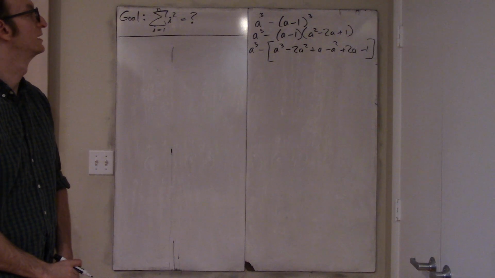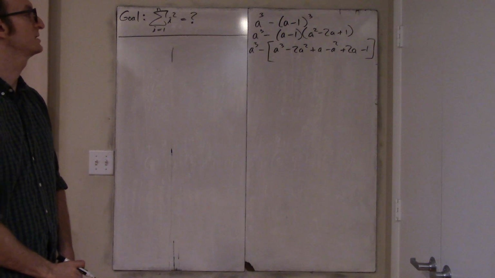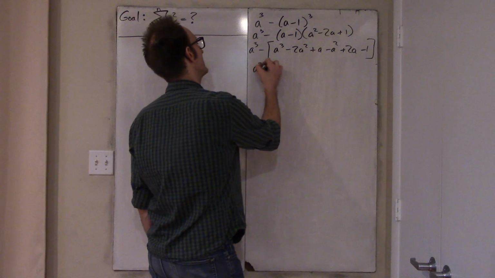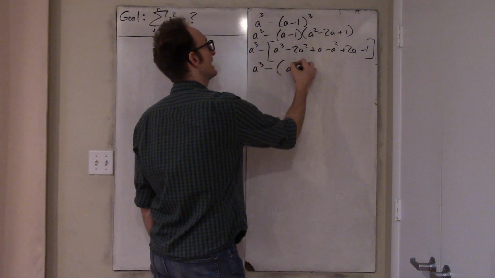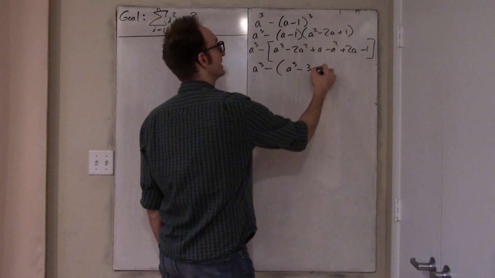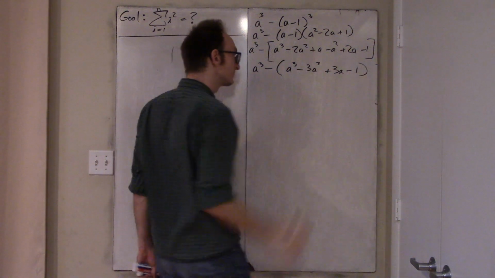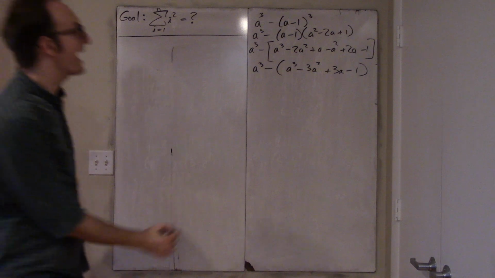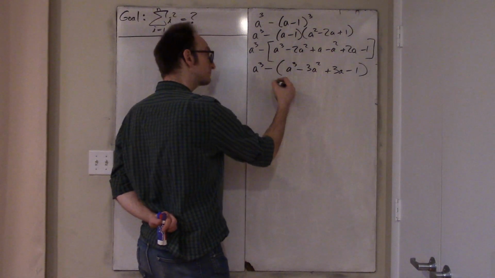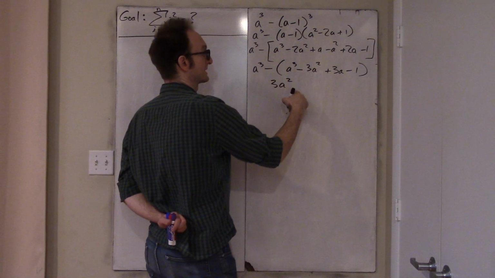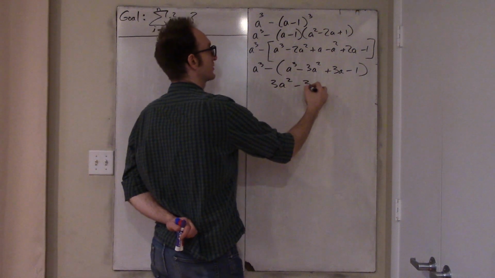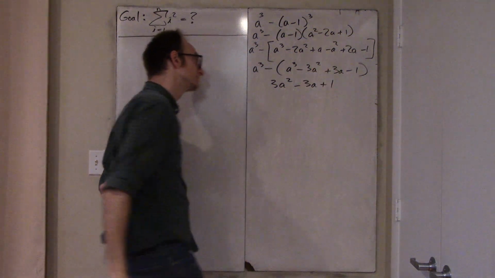Have I done that correctly? Sure I have. So this becomes a cubed minus 3a squared plus 3a minus 1. And when I subtract, I get 3a squared minus 3a plus 1.